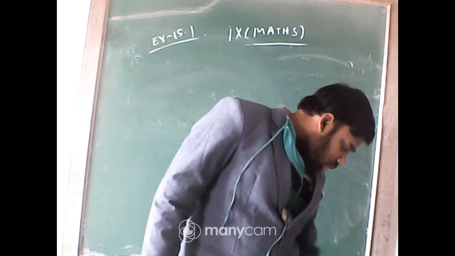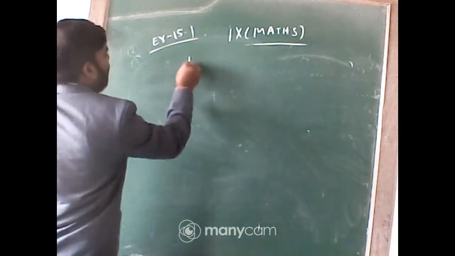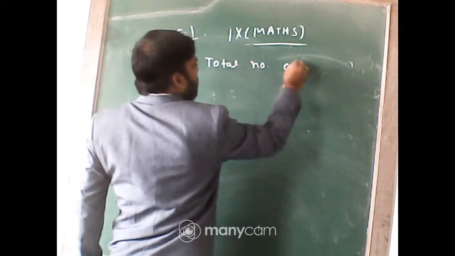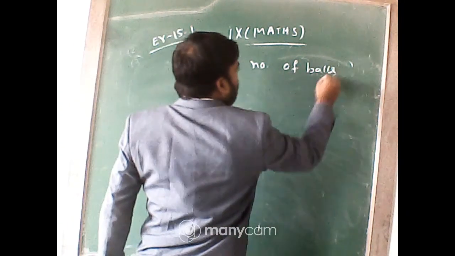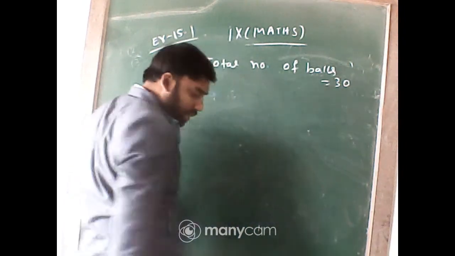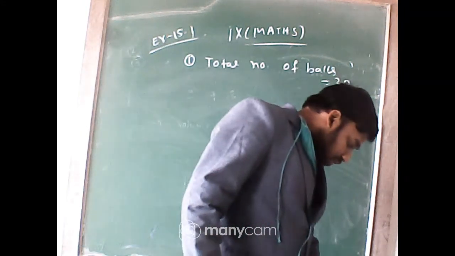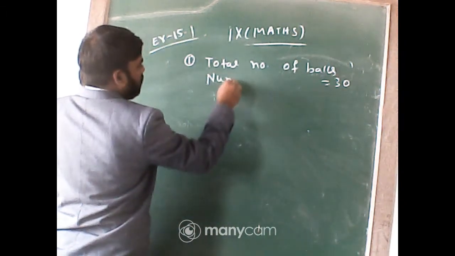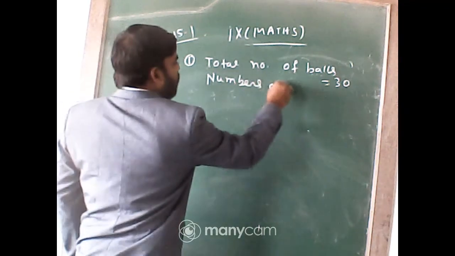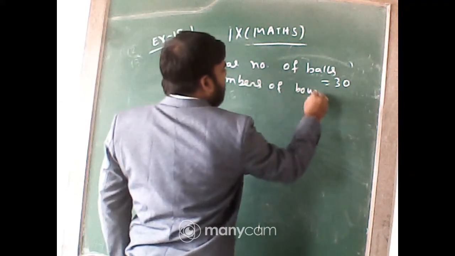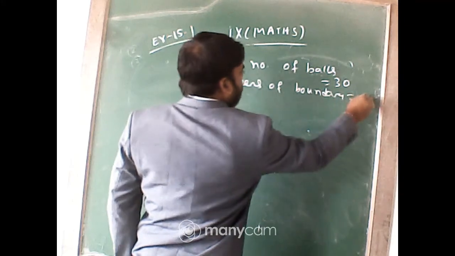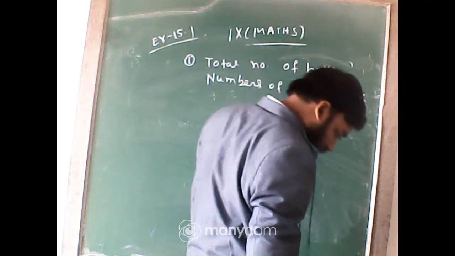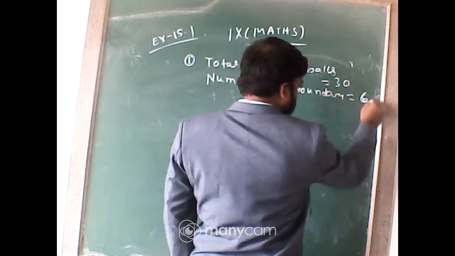Okay. So in this question, total number of balls is equal to 30. Total number of balls 30. Number of boundaries is 6.